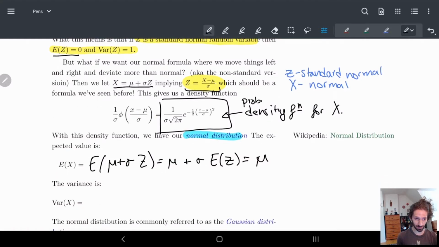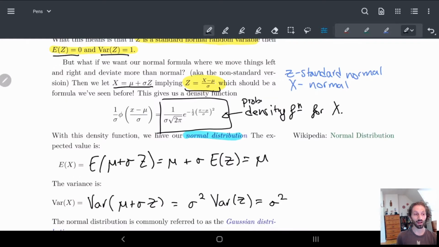And the variance, well, what's the variance? We get mu plus sigma Z. Remember, the mu kind of gets canceled and we get a sigma squared in front, and we get Var of Z. Well, Var of Z we also know is equal to 1. So this is just sigma squared. And this is where the standard deviation comes in.